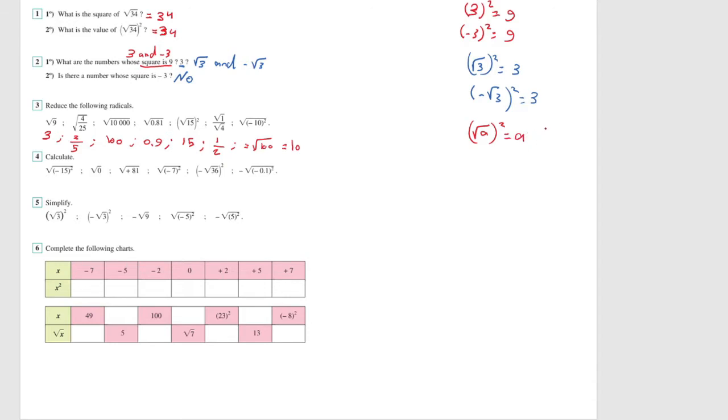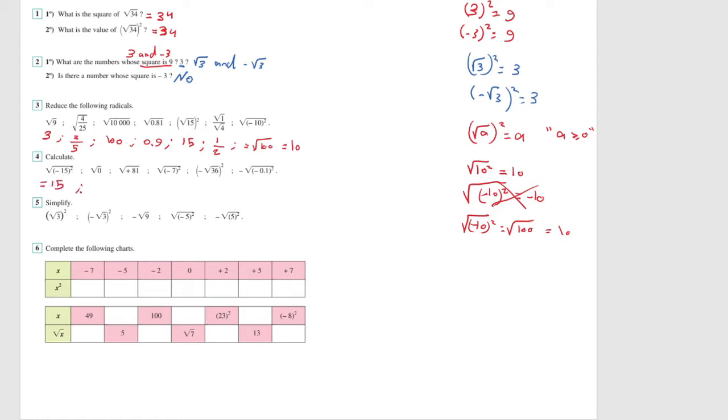If you remember in the lesson, we took the condition that A should be greater than or equal to 0, meaning positive. So radical 10 squared equals 10, but radical minus 10 squared is not equal to minus 10, because A must be positive. So how do I do it? I write radical minus 10 all of its square, which equals radical of minus 10 all of its square, which is 100, and radical 100 equals 10.